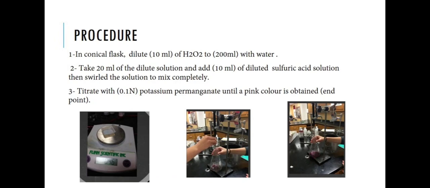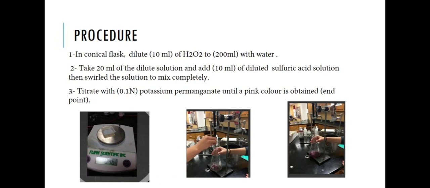Here KMnO4 itself acts as a self-indicator. Hydrogen peroxide and acidified KMnO4 are both oxidizing agents. These two oxidizing agents reduce one another with evolution of oxygen. Hydrogen peroxide reduces potassium permanganate and produces decolorization. At the end point, an excess drop of KMnO4 gives pink color.